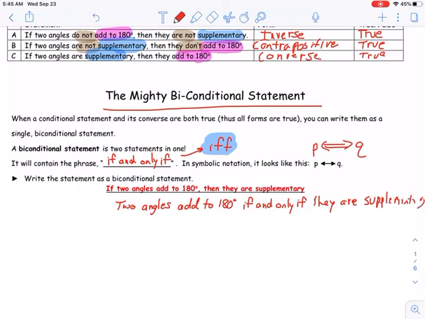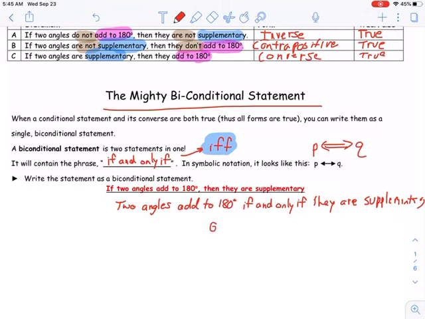Kind of ran out of room there, but that says supplementary. You gotta believe me. So I eliminated if. I eliminated then. So two angles add up to 180 degrees if and only if they're supplementary. That's it. That's a biconditional statement.